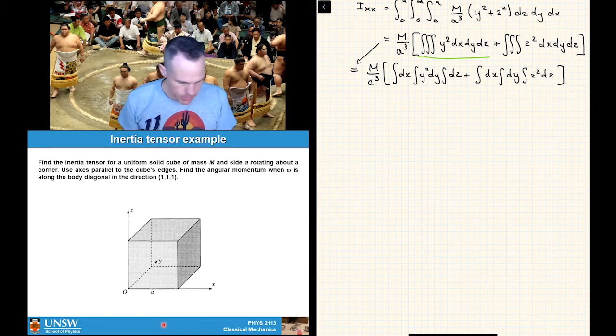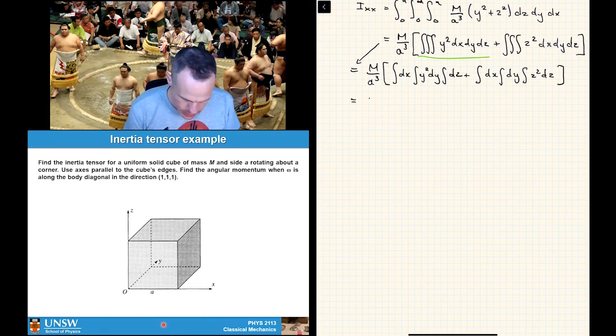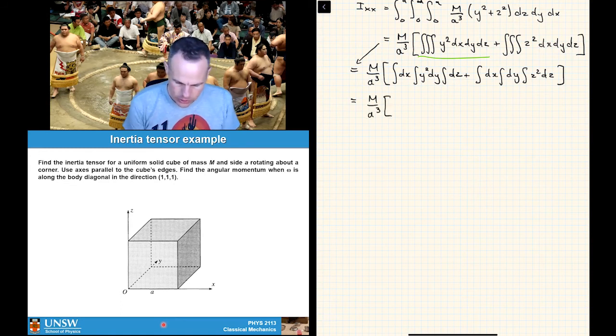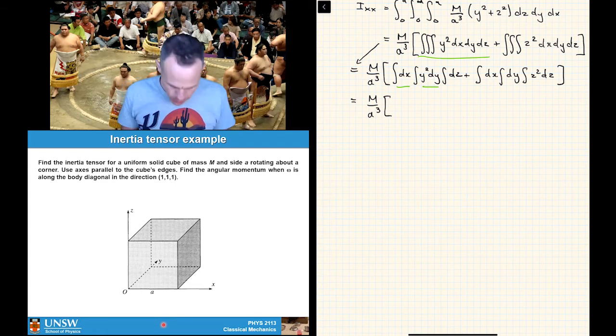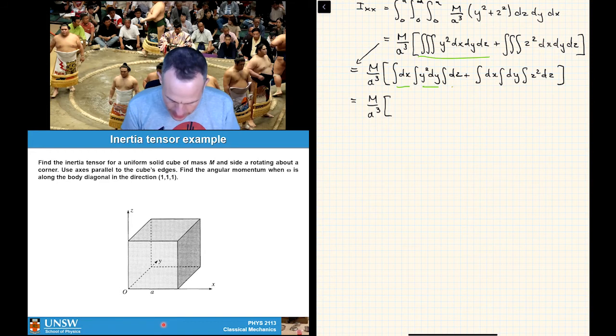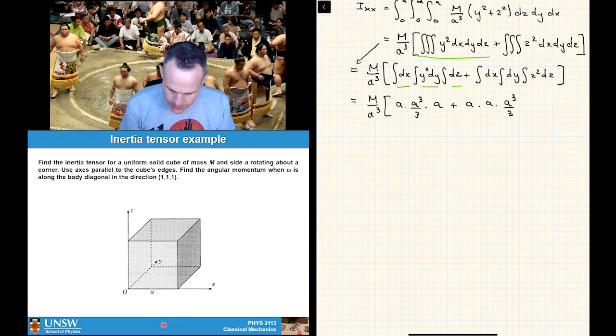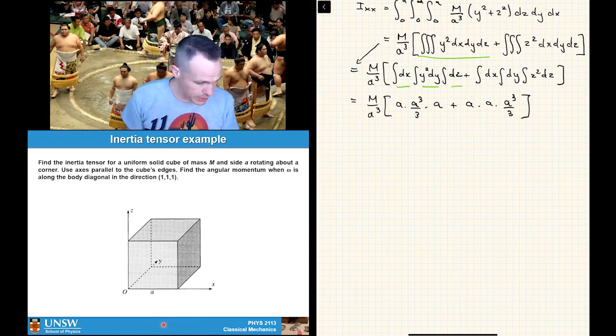And then this, of course, is going to be m over a cubed in here. This first term here just becomes a. This becomes a third a cubed, or 1/3 y cubed, which when I put a in, I get 1/3 a cubed. And then I'm going to get an a in here, right? So this is going to be a times a cubed on 3 times a plus a times a times a cubed on 3. So these problems usually fall out pretty easily like this.